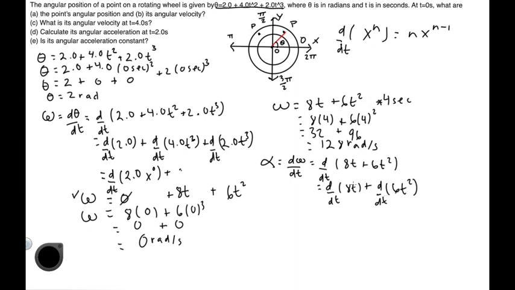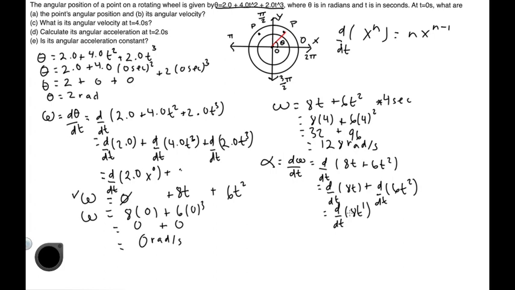So in this case, we have 8t. 8t is actually the derivative of 8t to the first power, because anything to the first power is itself. So t to the first power is simply t, and 8 times t is 8t. We can bring down this 1 in front of the 8, and then subtract 1 from our exponent, which is 1.